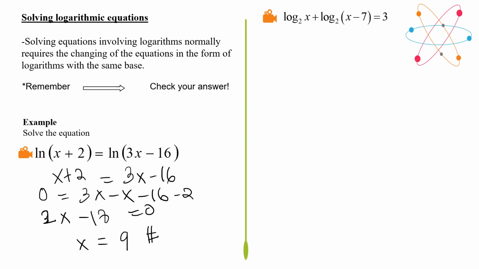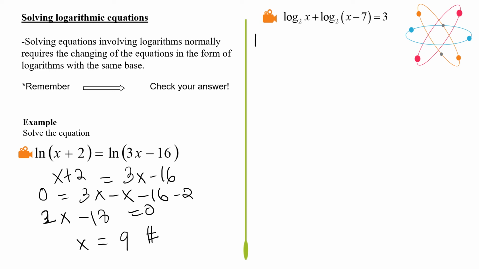Second example, log x base 2 plus log of x minus 7 base 2 equals 3. For the left-hand side, both logs have the same base, base 2. Refer to the rules of logarithms.